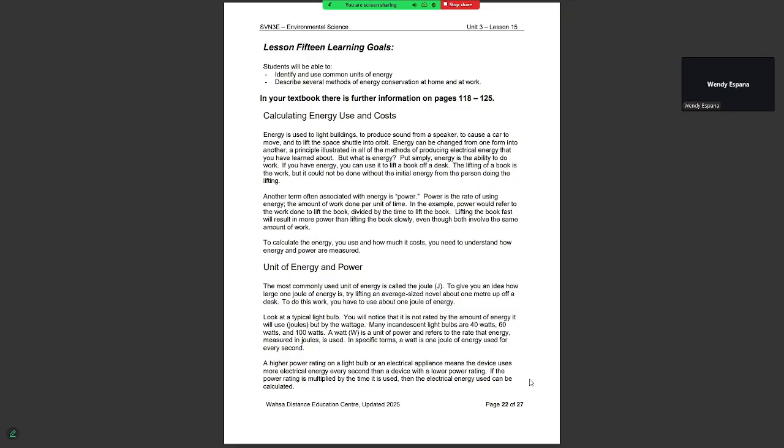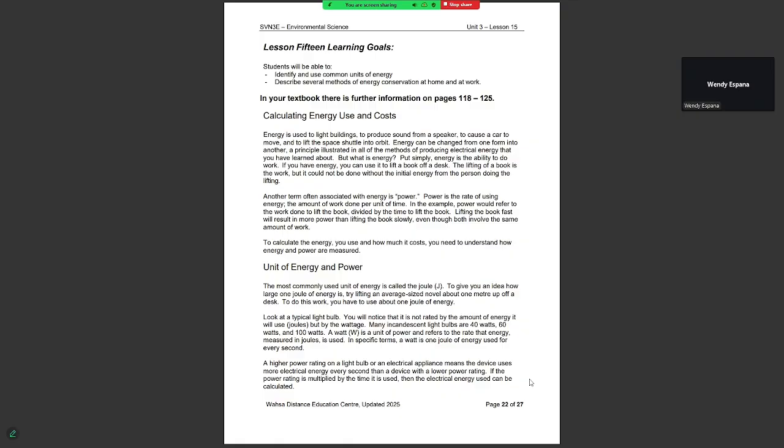If you have a higher power rating on a light bulb or an appliance, it means that that device or that light bulb's using more energy every second than a device that has a lower power rating. So if you have a 40-watt light bulb, a 60-watt light bulb, and a 100-watt light bulb, the one that's using the most energy is the 100-watt light bulb. Okay, the higher the number of watts, the higher the energy usage every second.